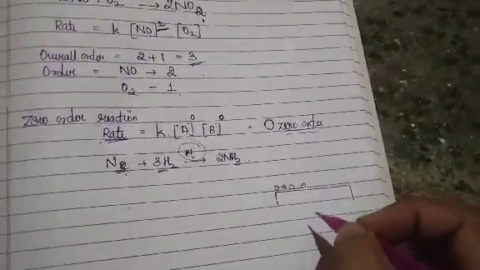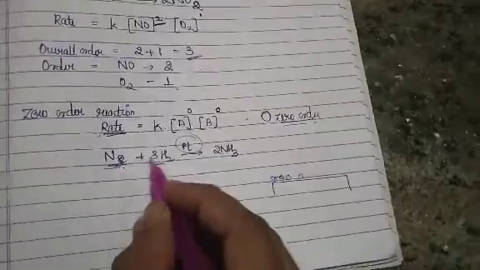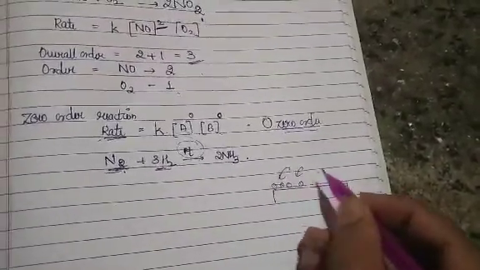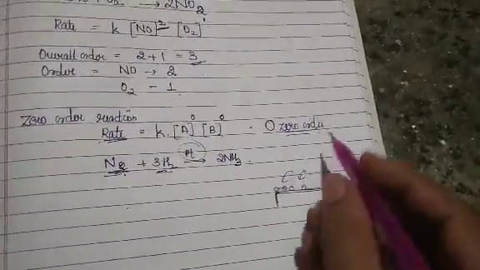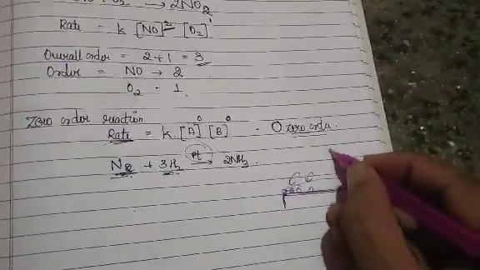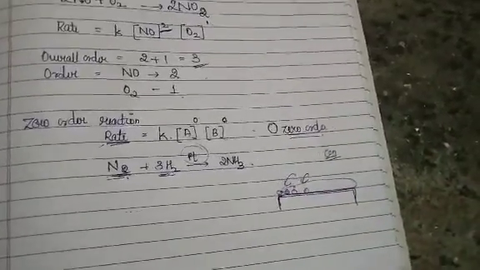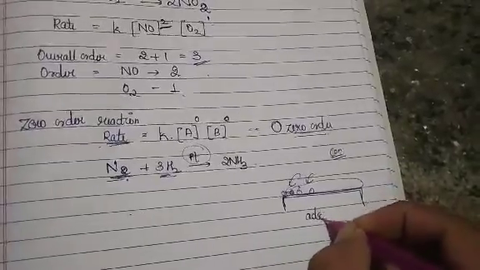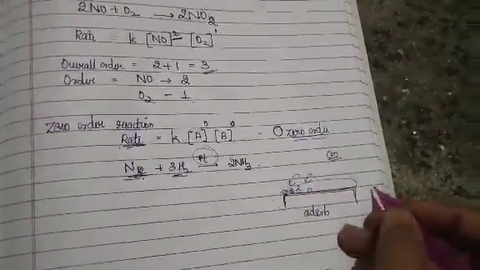But what happens on increasing the pressure? Whatever the concentration of your N2 and 3H2, the sitting part of your N2 and H2 depends upon the surface area of the catalyst. True. Even if the surface area is less and the concentration is more, the catalyst will only have the capability to adsorb the reactants limited to its surface area.